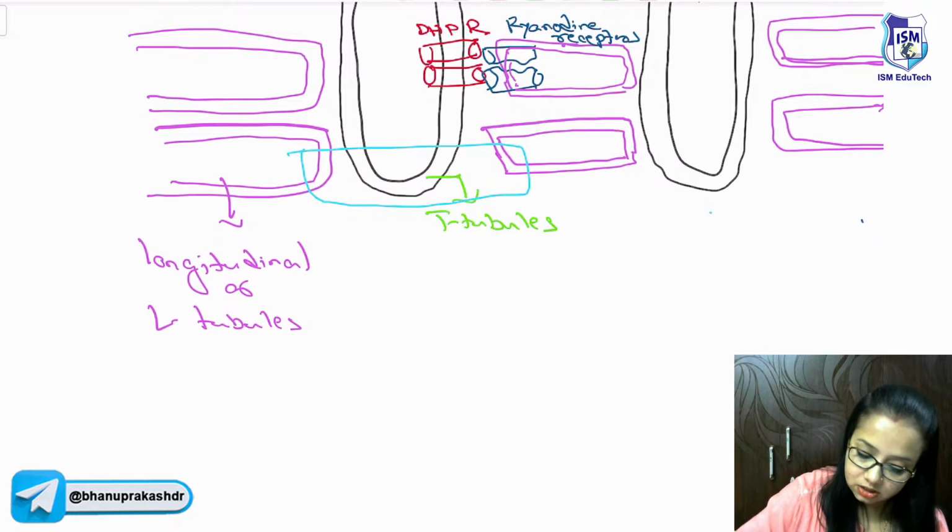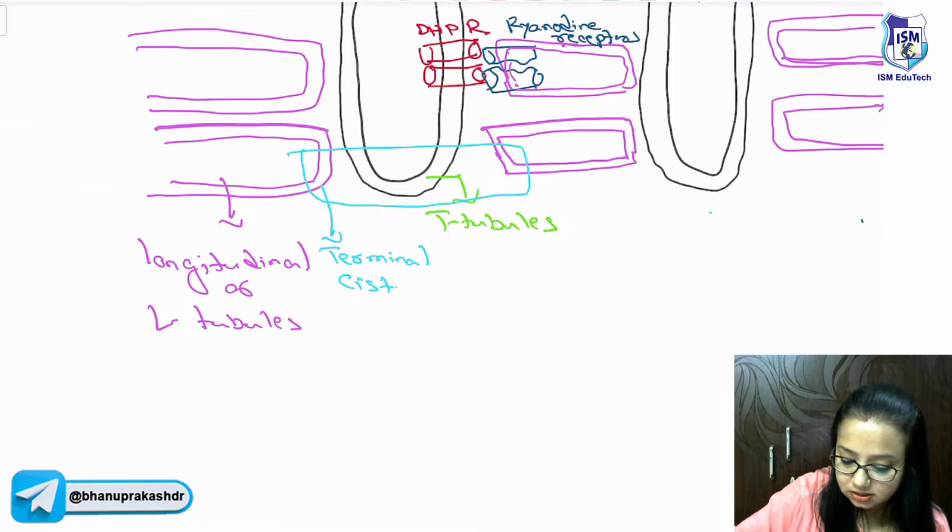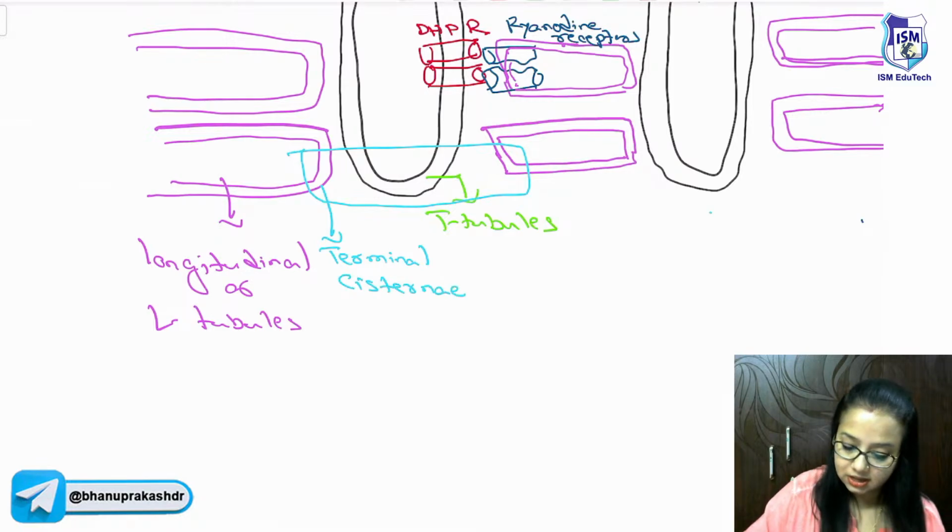Now this Solon structure is called the terminal cisternae.